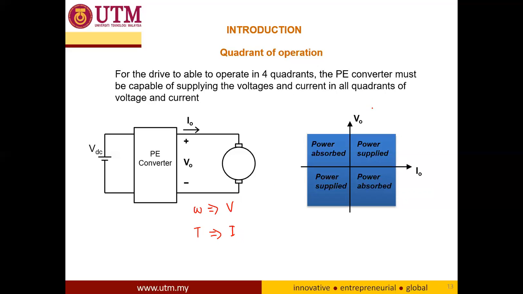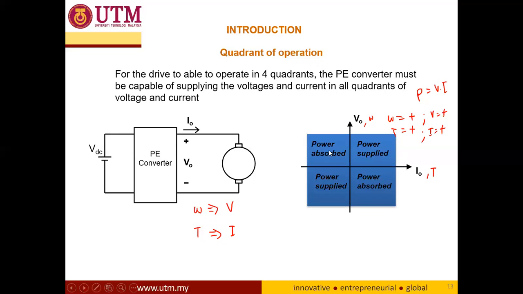Here, V out positive is also the speed, and this one is also the torque. So the speed is positive and the torque is positive, meaning the voltage is positive and the current is positive. The power, which is V multiplied by I, is positive for both, meaning the power is supplied by the circuit.